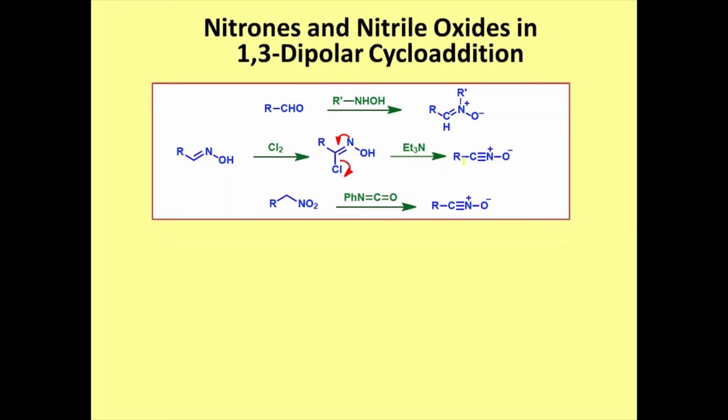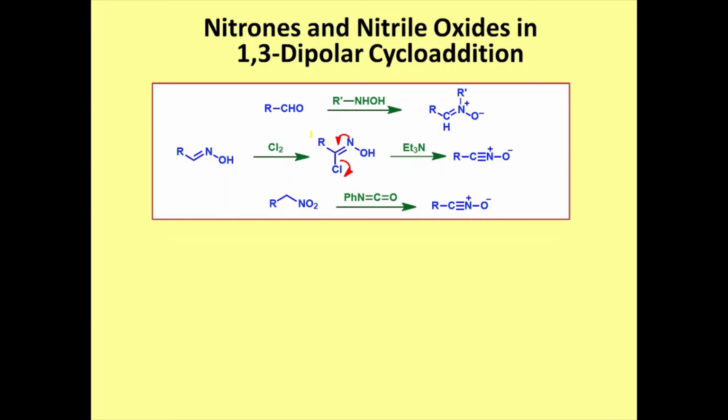As you can see, treatment with molecular chlorine and further reaction with the base triethylamine eventually gives the nitrile oxide compound. Nitroalkane compounds can also be the substrate, reacting with phenyl isocyanate, and that can end up with nitrile oxides as well.